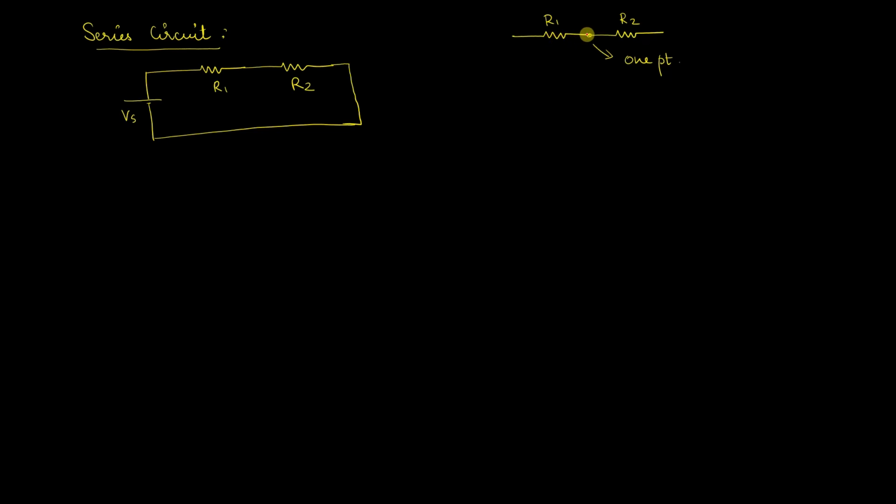So here the current that is flowing is the same. The current that flows across R1 is the same current that flows across R2. So if I say current I, it is the same current that flows across R1 and R2.